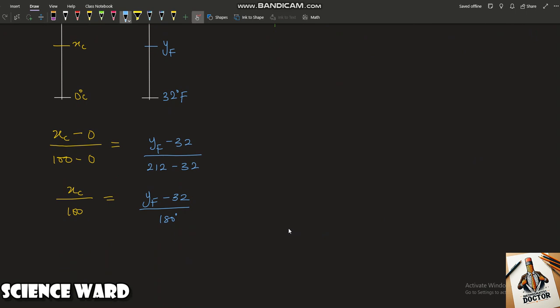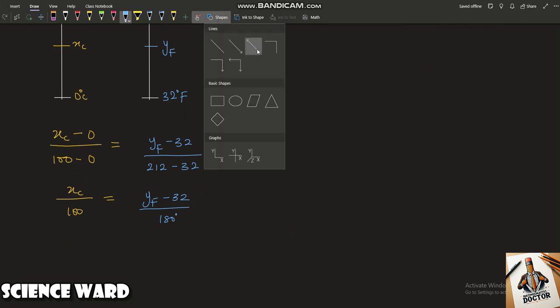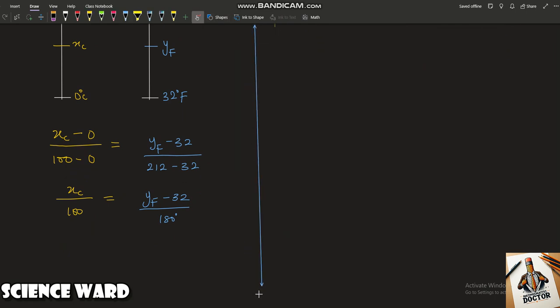In that end, we can move up from here by getting more principle. In this case, we can make an adjustment, and it's going to be Xc multiplied by 180 degrees Fahrenheit, and this is 100 degrees Celsius.